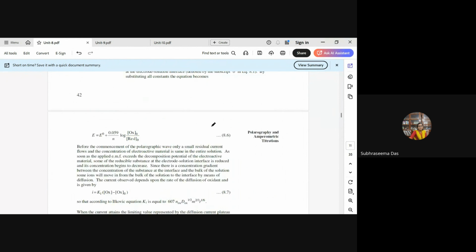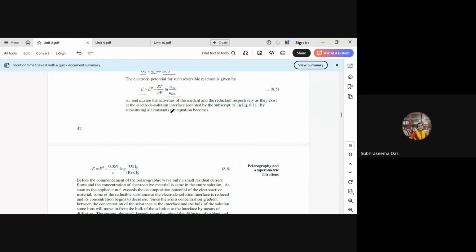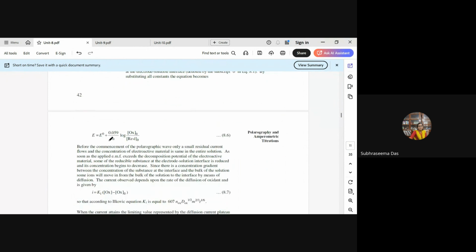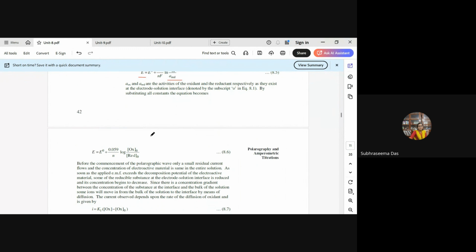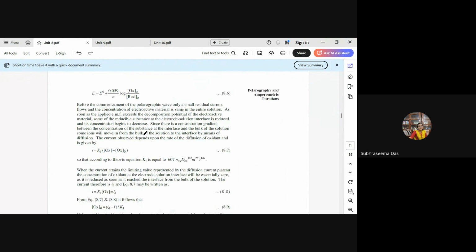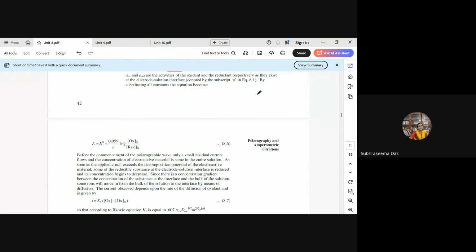Then, using the Nernst equation, we can write E = E0 + 0.059/n log of concentration of the oxidant by concentration of the reductant in their standard states. Here we have used the subscript O to denote that they are present at the electrode solution interface.